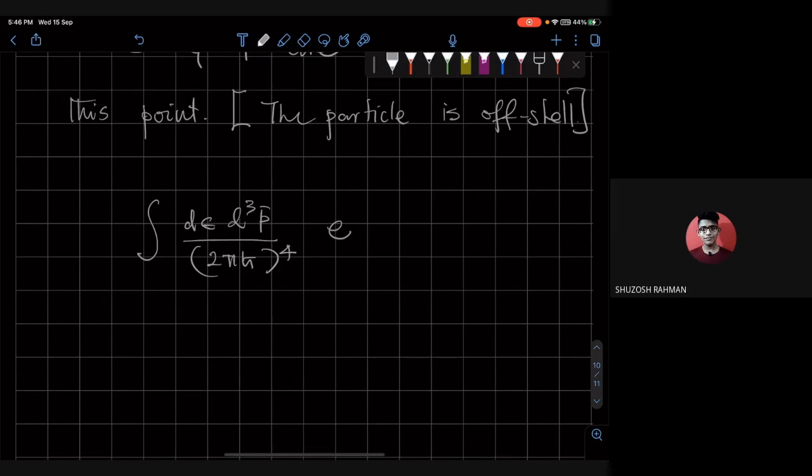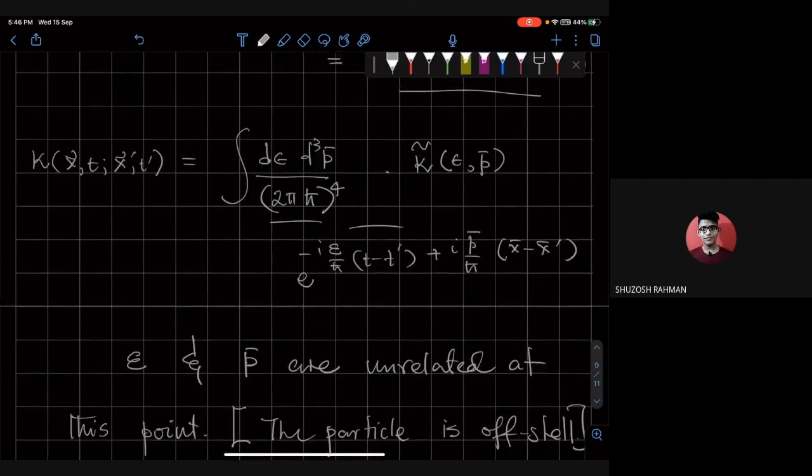So the right hand side is just e to the power minus i epsilon by h bar (t minus t prime) plus i p by h bar dot (x minus x prime). Okay? You know this from the definition of the delta function. Is this clear? Yes, sir.